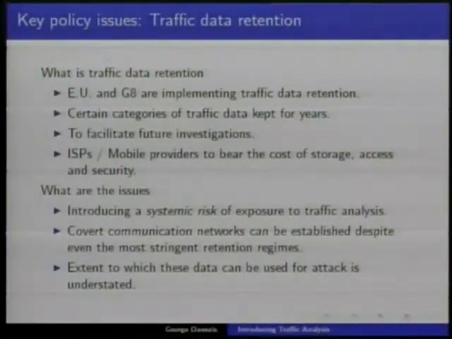And before I actually reach the deep conclusions, I want to talk a bit about policy. Now, in Europe, and the US to some extent, we have this new piece of legislation about retaining all traffic data. There is a clear connection to what I have been talking about all this time, which is that traffic data is really the kind of fuel that you're feeding into traffic analysis engines in order to get results.